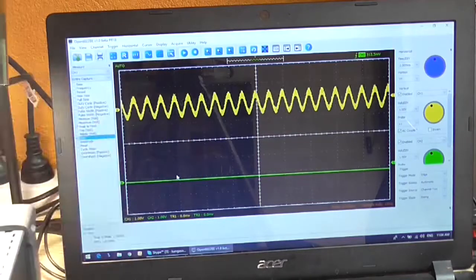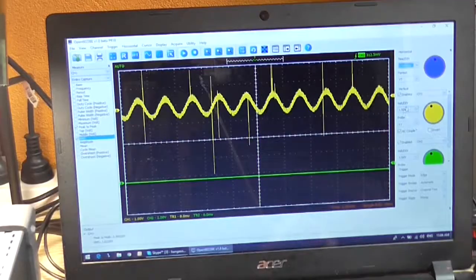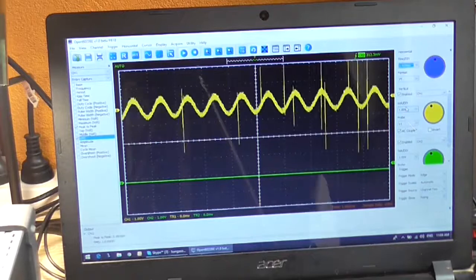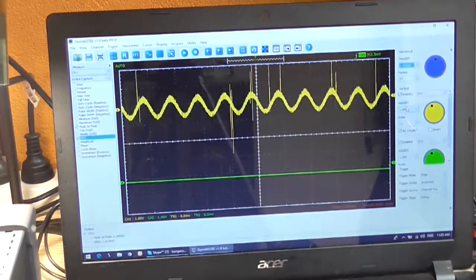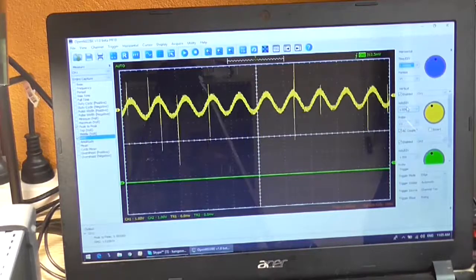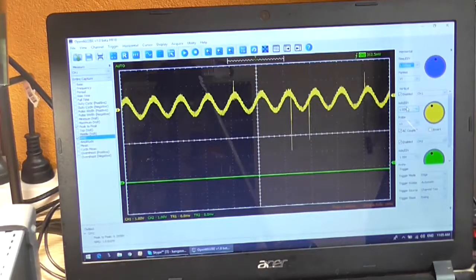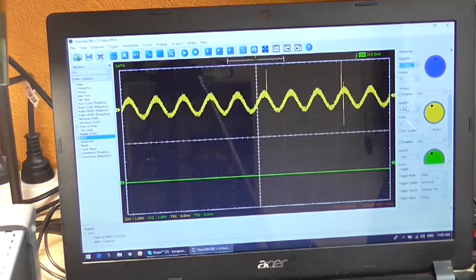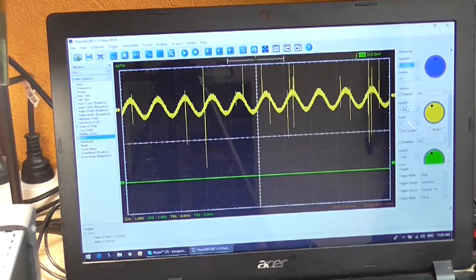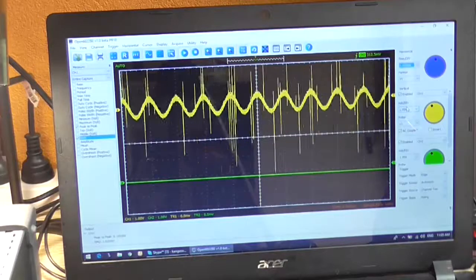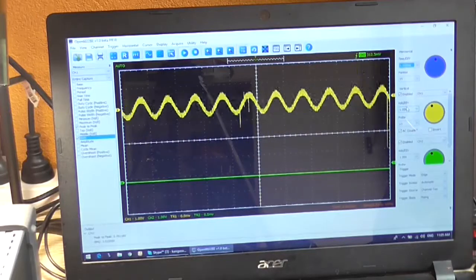But we've still got ringing there. And as we can see, that is pretty noisy. So, just doing a heat check on the transistors here. They feel fine. Turn the bias down a bit fixes that really scratchy artifact.